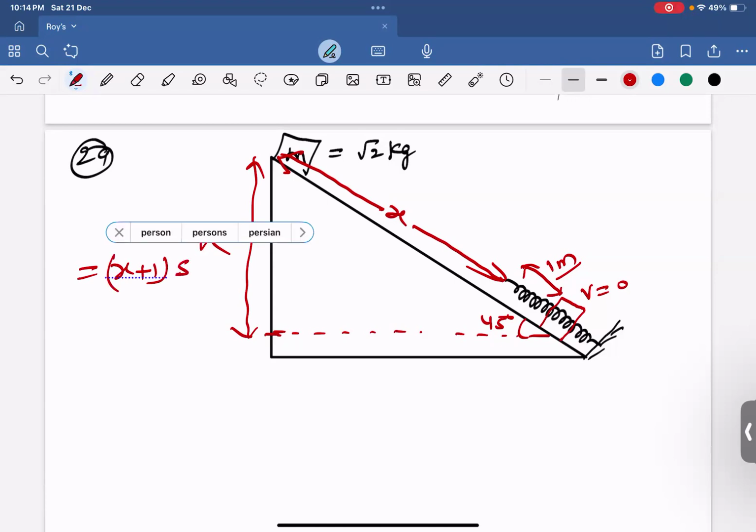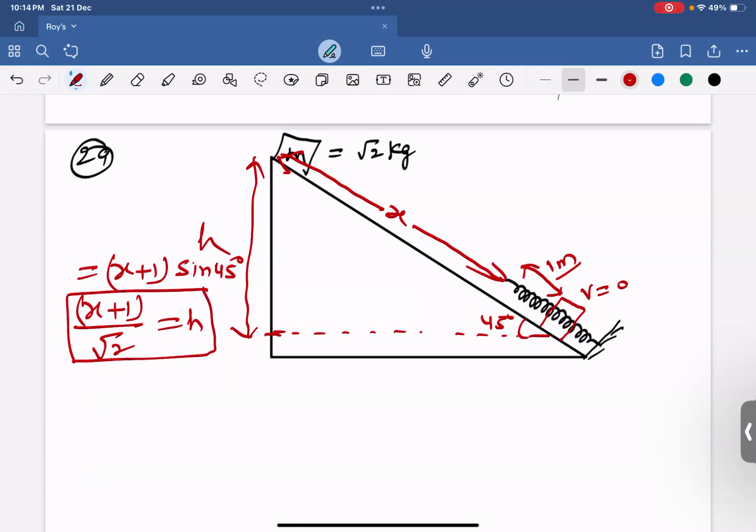You can take sin 45 degree. So it looks like it is x plus 1 divided by root 2. That is that much height it has come down. And as there is no kinetic energy because the block has finally stopped, whatever energy is there is only potential energy of the spring, and potential energy of the spring formula is half kx squared.